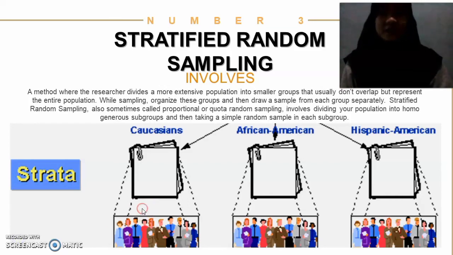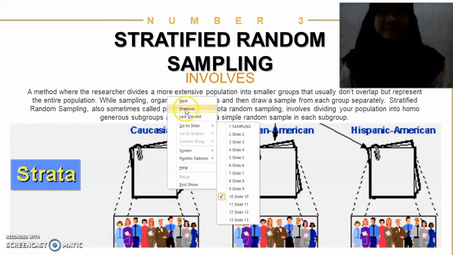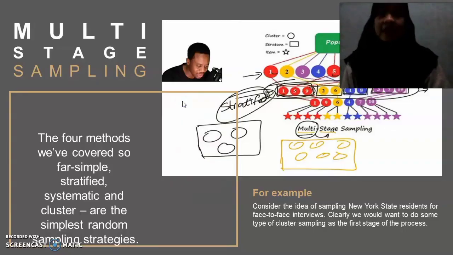And the last is multi-stage sampling. The four methods we have covered so far, simple, stratified, systematic, and cluster, are the simplest random sampling strategies. Here we go on to multi-stage sampling.